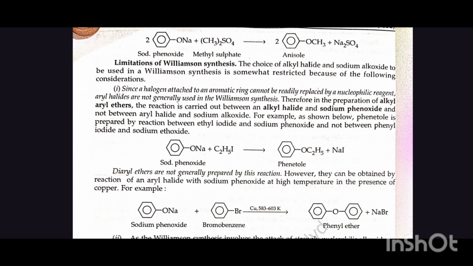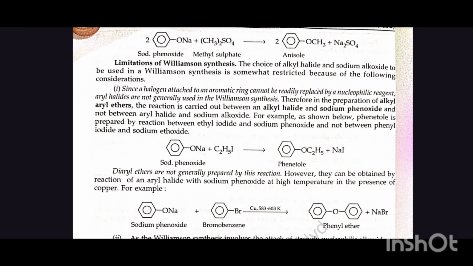For example, as shown below, phenetole is prepared by reaction between ethyl iodide and sodium phenoxide and not between phenyl iodide and sodium ethoxide. Sodium phenoxide plus C2H5I gives phenetole plus NaI. Diaryl ethers are not generally prepared by these reactions.